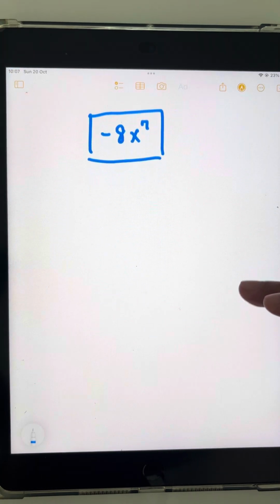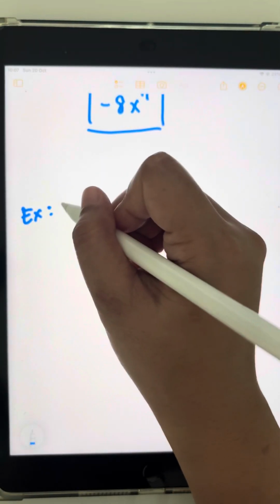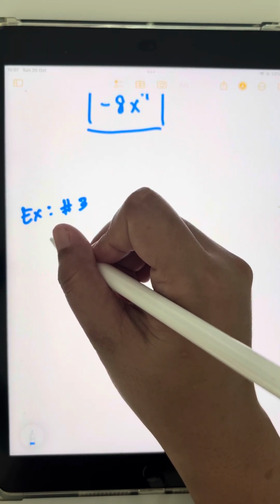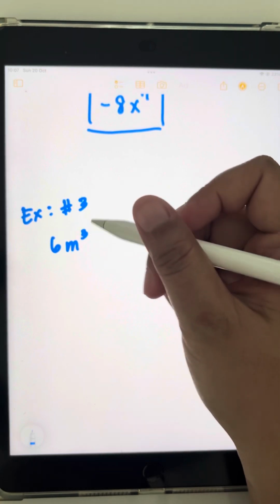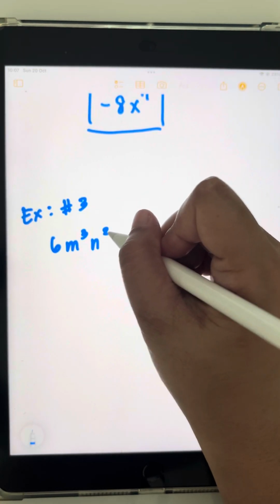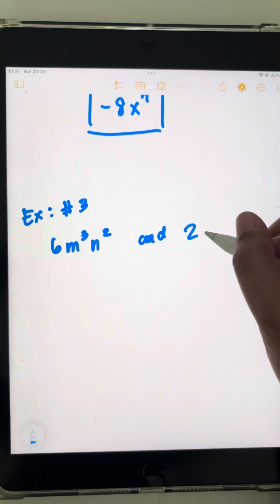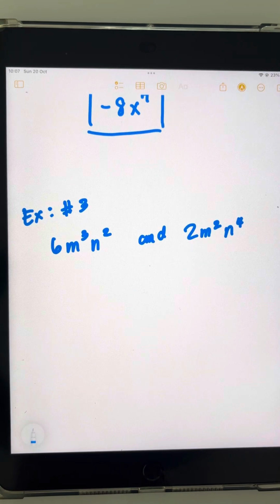Okay, let's go to example number 3. Let's say 6m cubed n squared and 2m squared n to the power of 4.